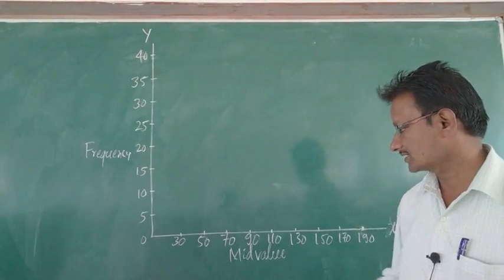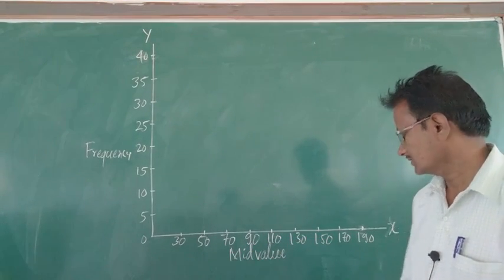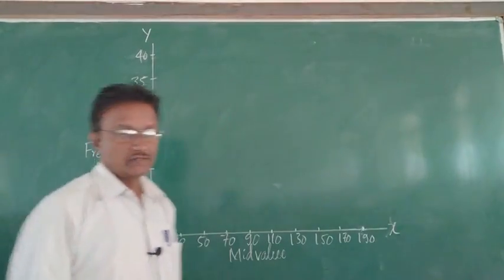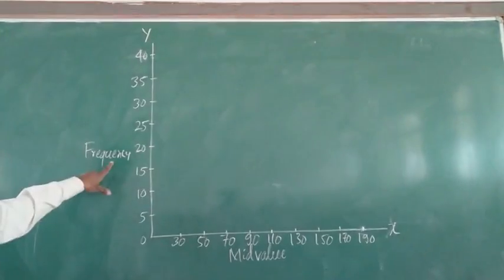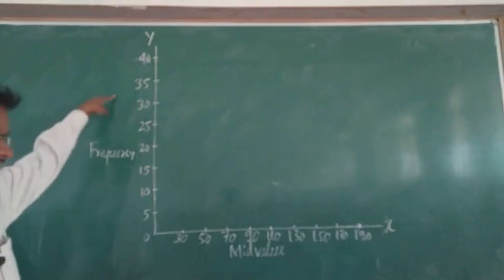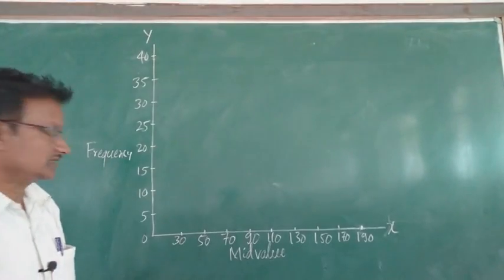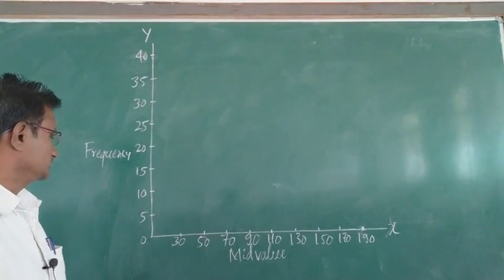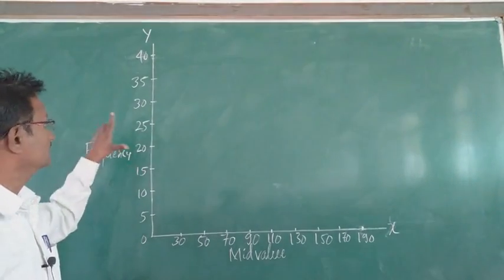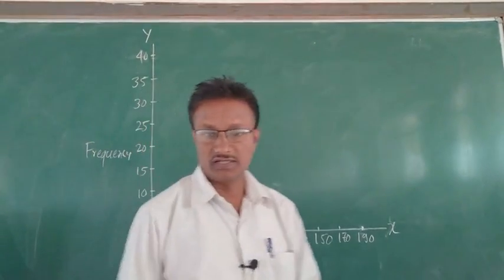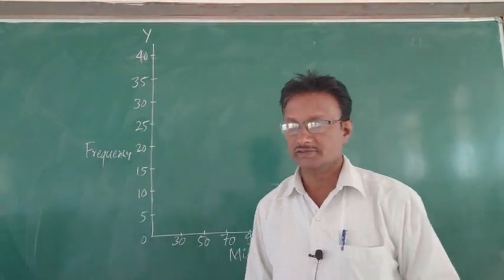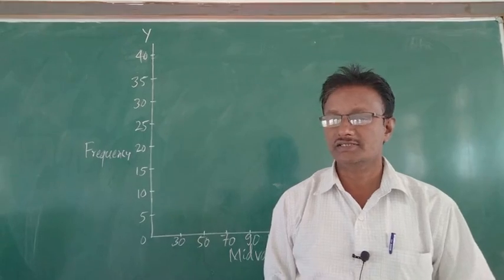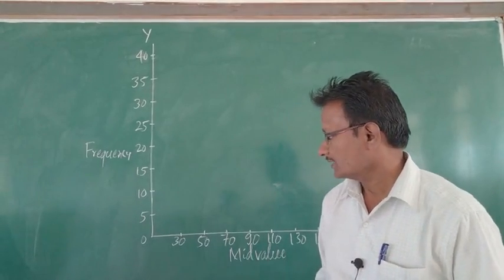So here 1 centimeter is equal to 20 on the x axis, and we are showing frequency on the y axis, and the proper scale here is 1 centimeter is equal to 5. So 5, 10, 15, we have to mark up to 40. So along the y axis the proper scale is 1 centimeter is equal to 5.